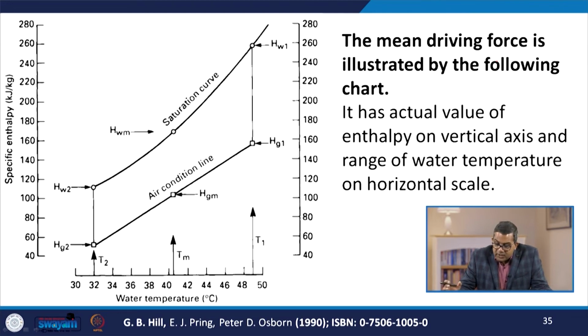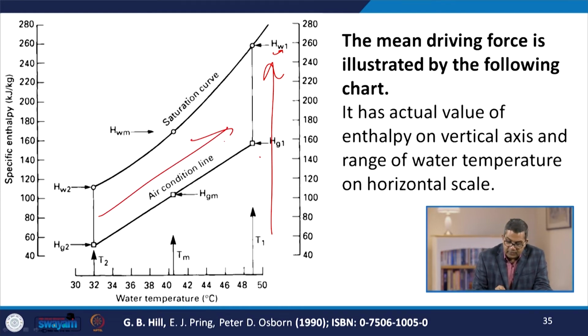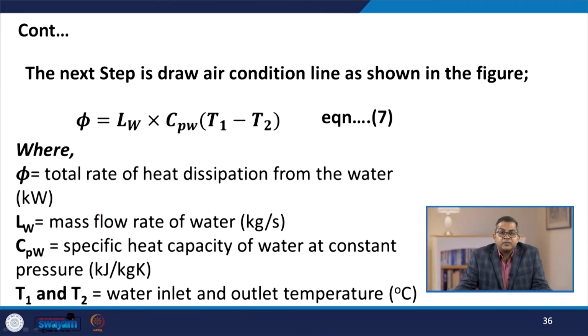A mean driving force is usually illustrated by this particular chart. It has the actual value of enthalpy on the vertical axis. Here you see Hg1 and Hw1, and the range of water temperature on the horizontal scale.